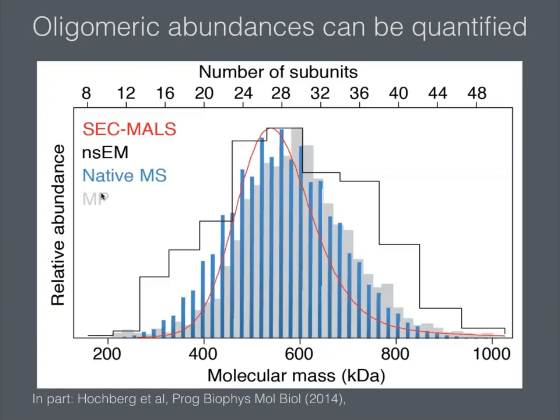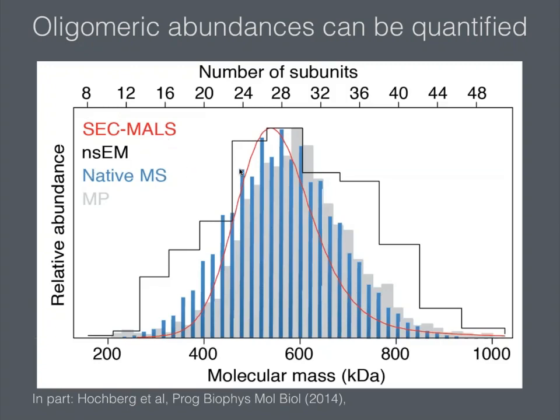There are some biases that we might imagine in each case, and I'm not going to spend too much time talking about them. But both the native mass spec and the mass photometry are instant detection methodologies, as I would say is the negative stain electron microscopy in this case. In other words, there are no mass transport effects that might, for instance, confuse SEC-MALS data.